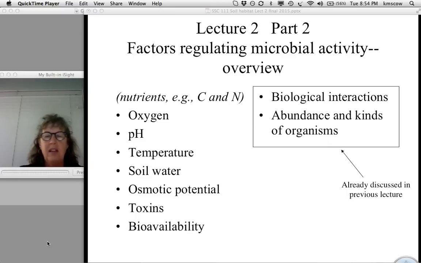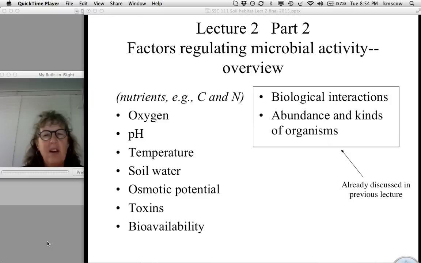And we are in a lecture about soil habitat and factors regulating microbial activity. And that's what Part 2 is about. So what we're going to talk about in this lecture is these different physical and chemical factors that have impacts and govern rates at which microorganisms grow and are active in soil.